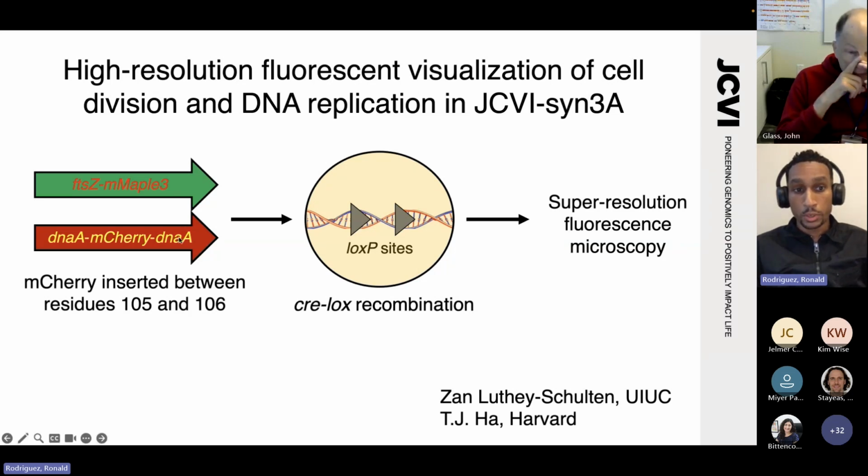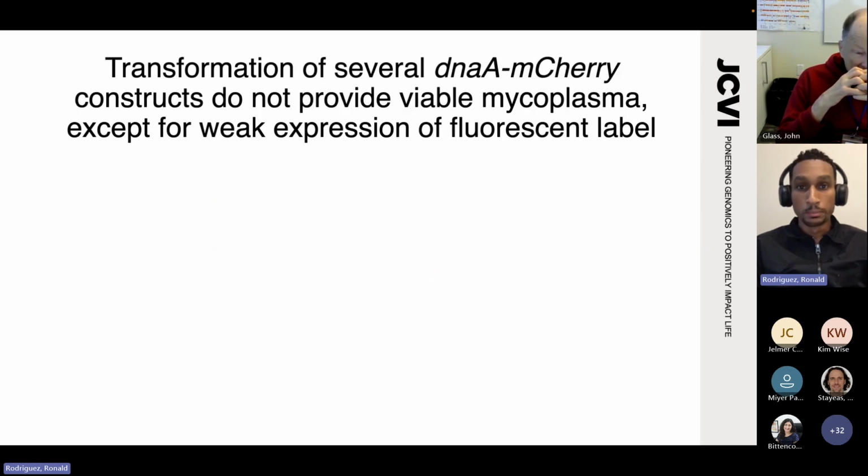We specifically put it between residues 105 and 106, which is a rather unusual spot. The idea is to install these fluorescent fusions into the landing pad of the minimal cell, and then, using super-resolution fluorescence microscopy with our collaborators, we hope to visualize cell division and DNA replication in the same cell.